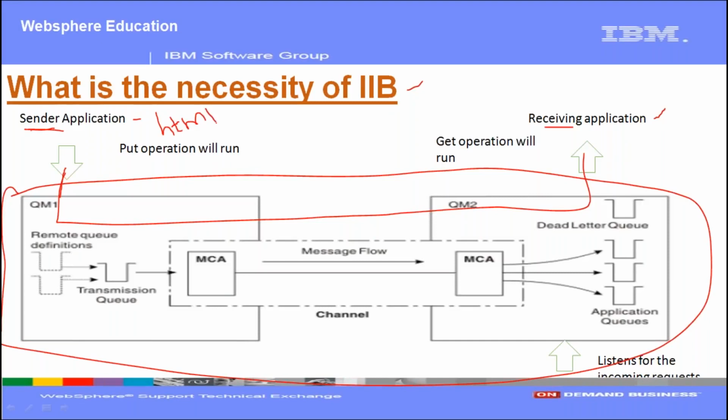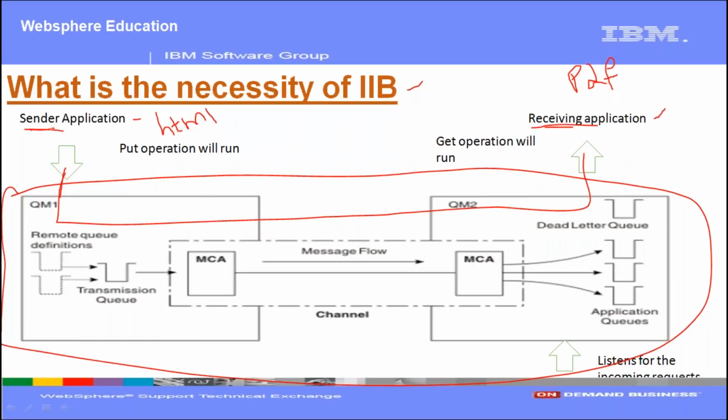Now come to the receiving application. It can understand only PDF formatted messages. It can't understand the remaining formatted messages. Just assume that is the business requirement of the receiving application.